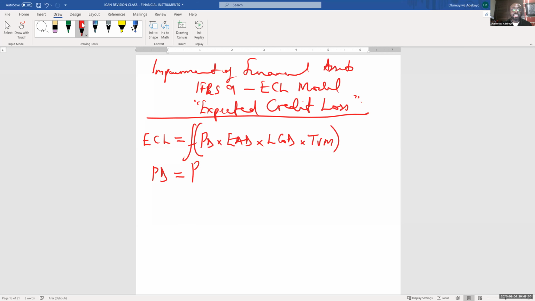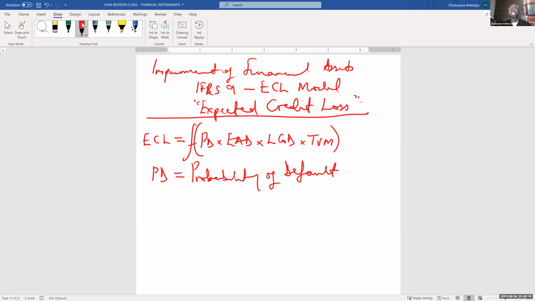PD is the likelihood or probability that there will be a default. Like I told you earlier, state of nature. If I'm pessimistic, it's likely going to default at 80%. It's likely going to default at 40%. It's likely going to default at 20%. I remember probability.